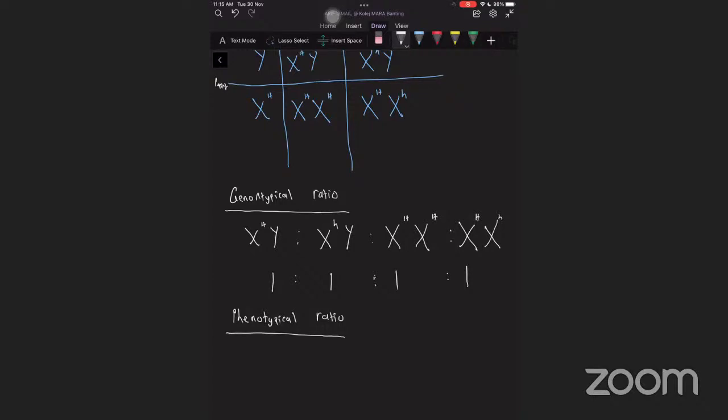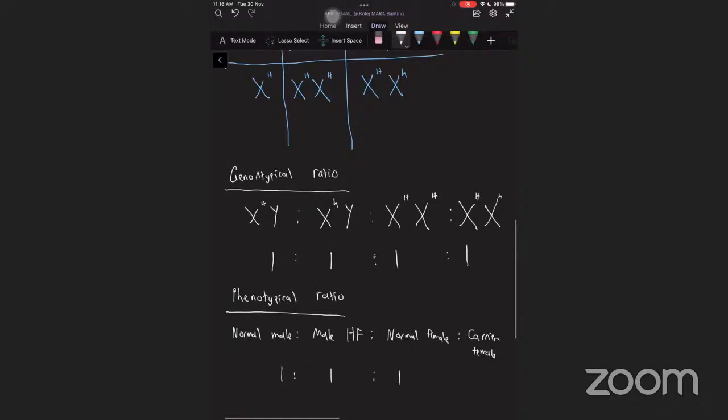So the phenotypical ratio that we have right now is: we have a normal male, and then we have a male with hemophilia, and then we have a normal female, and then we have a carrier female. So that's a ratio of 1, 1, 1, 1.